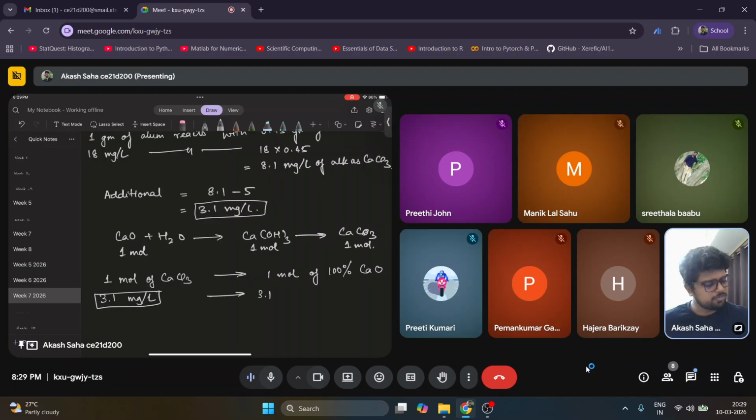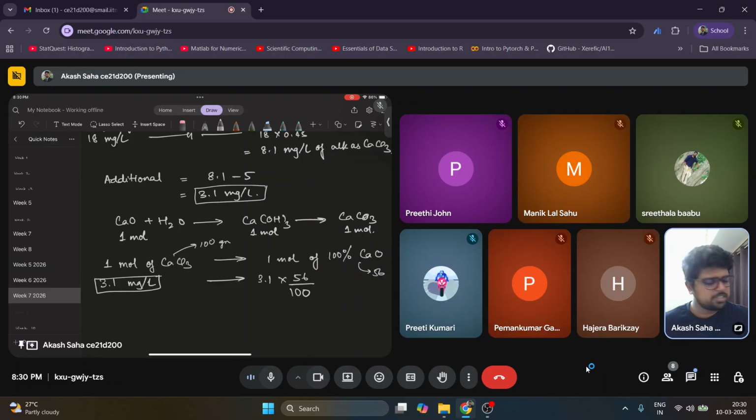So first we have to convert. What is the molecular weight of CaCO3? It is 100 grams. And for CaO it is 56 grams. So 100 grams of CaCO3 will correspond to 56 grams of CaO. So 3.1 milligram of CaCO3 will correspond to 3.1 into 56 by 100.